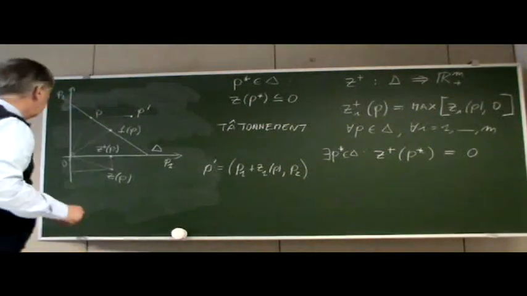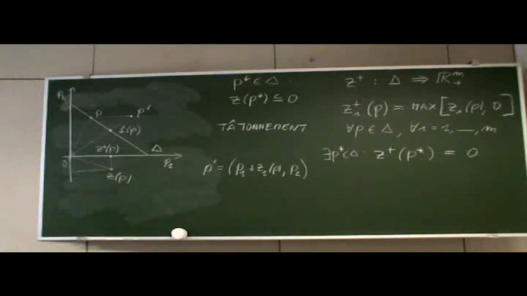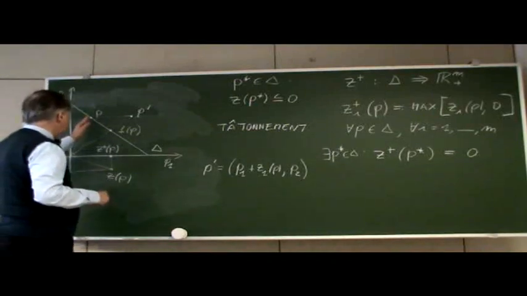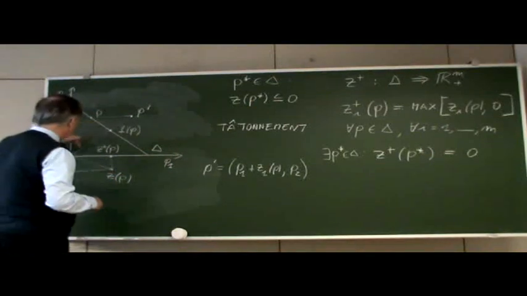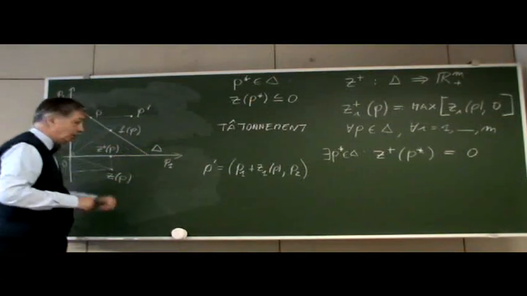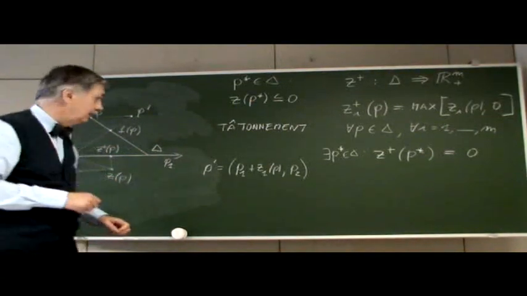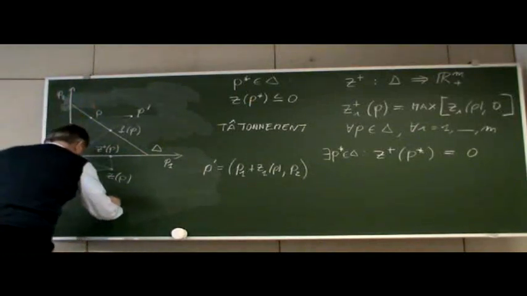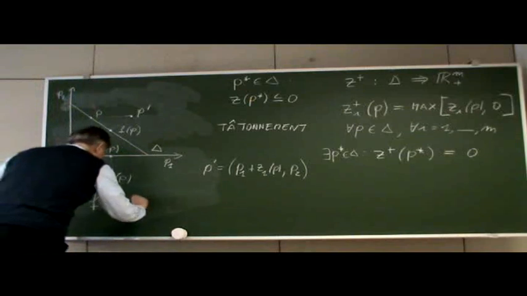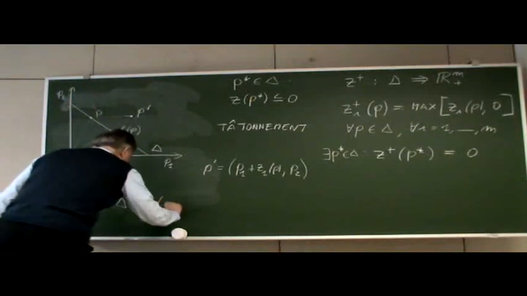Is it clear? By these two operations, alter vector P according to the positive excess of demand, normalize P in order to return in Delta, you obtain a function f defined in Delta which takes values in Delta.